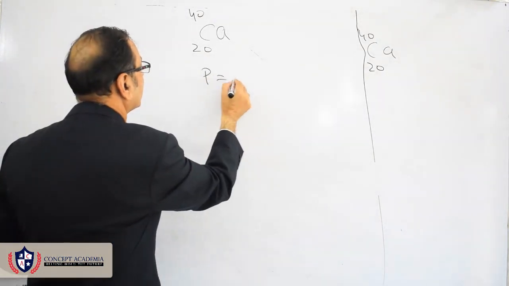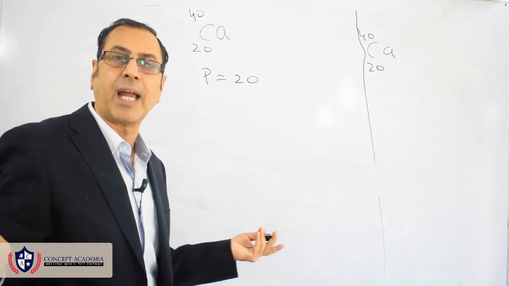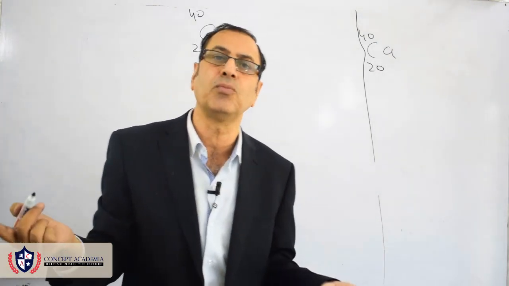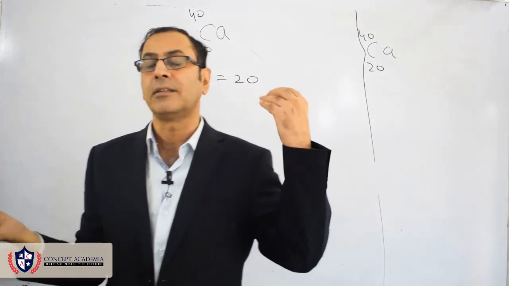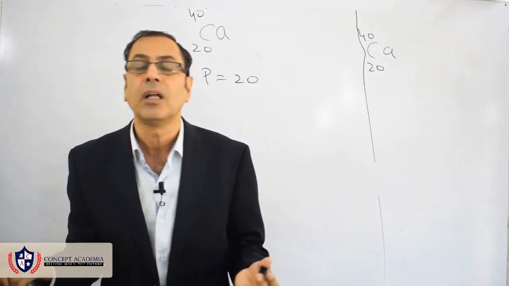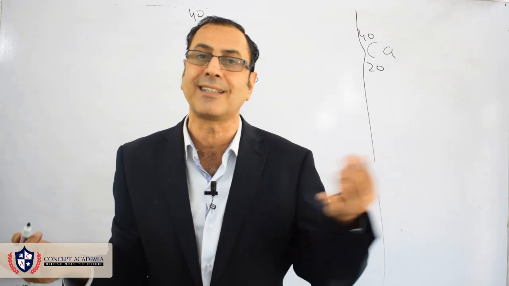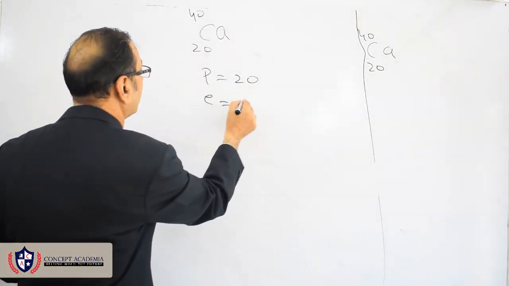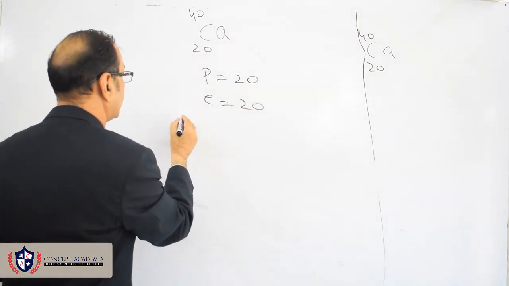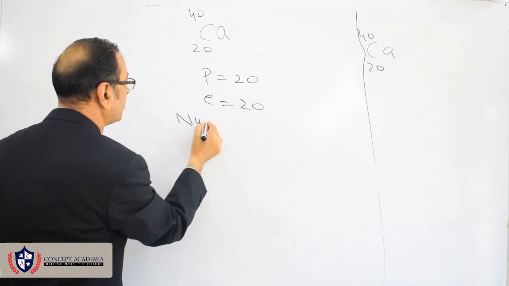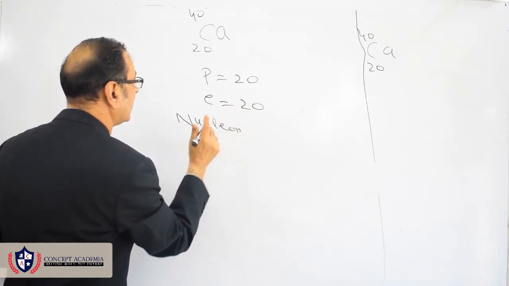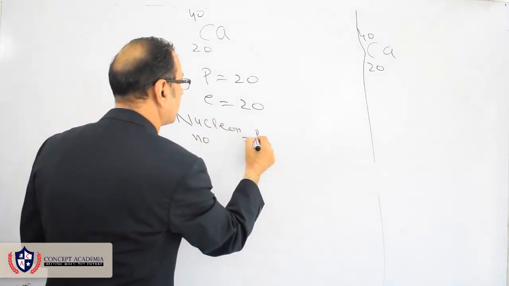So protons are 20. We know that any atom is a neutral particle, and it is only neutral because the protons and electrons are equal. So electrons are 20.